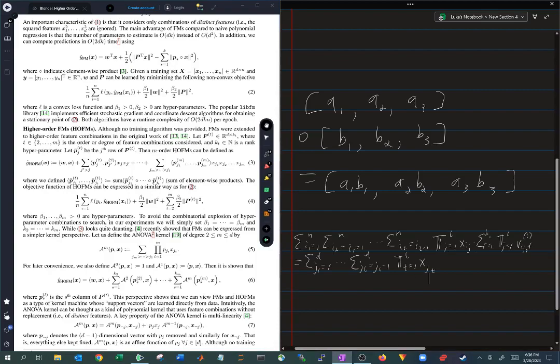Right? Because we're just replacing this j with a t and we're replacing this i with a j. Times the sum from s equals 1 up to k sub L. We're still using that notation.